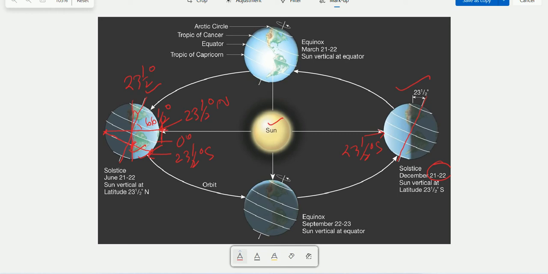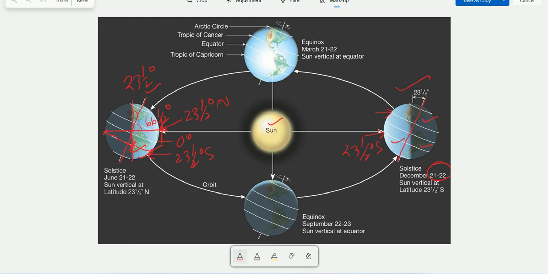And on this day, the daytime will be the longest in the southern hemisphere, and the nighttime will be the shortest. And here again in the northern hemisphere, on the day of this winter solstice, nighttime will be the longest, and the daytime will be the shortest.